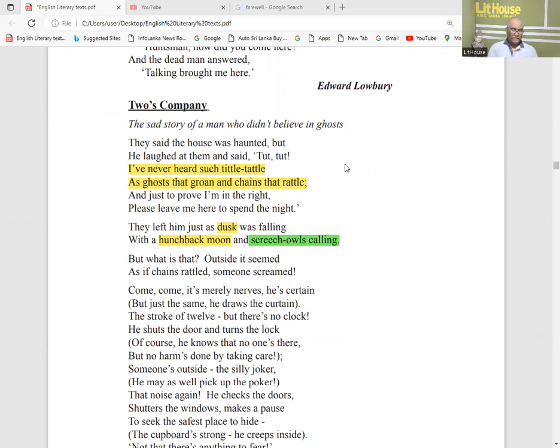Second one, personification. Write down.